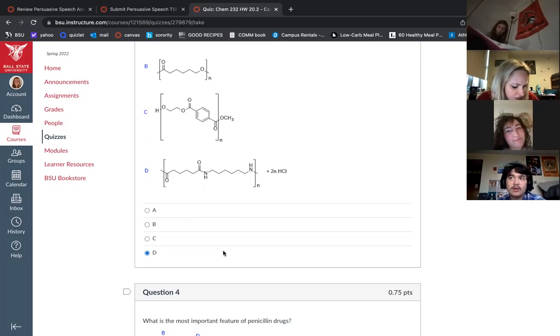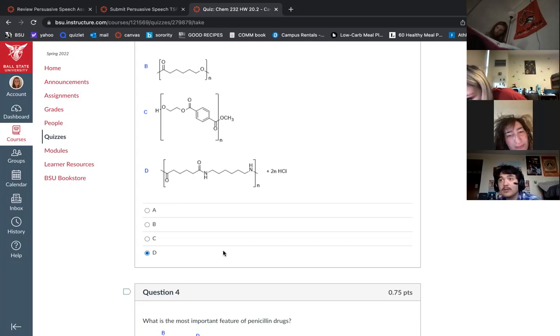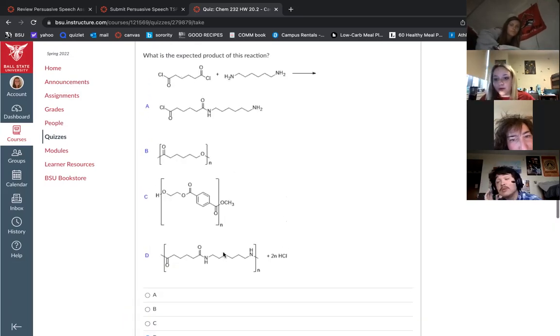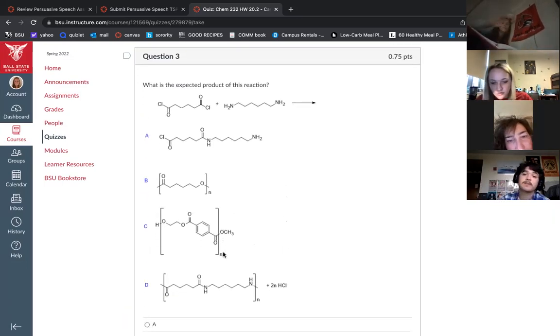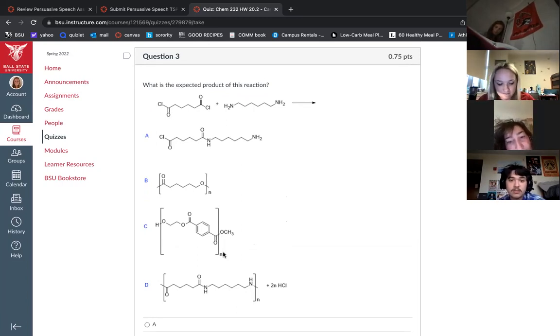Yeah, I think that makes sense because when you add RNH2... I think D makes sense. Yeah, can you scroll up a little bit? Well, I guess that would make sense because when you're adding something to the other portion, you have to get rid of one of the hydrogens, especially if it's going to be continuous.